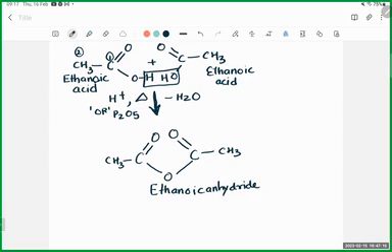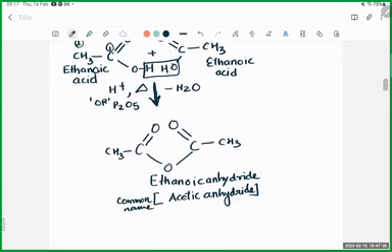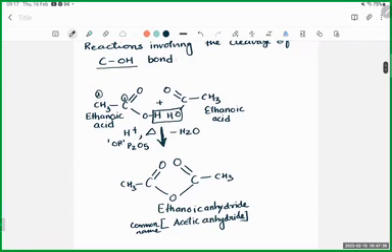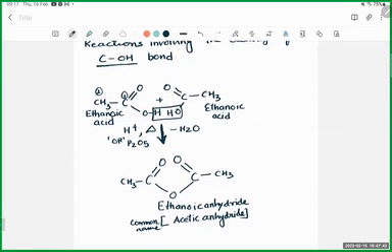What is the common name of this compound? Acetic acid. So we can call it acetic anhydride, but that would be the common name. This is the first reaction we are reading, where cleavage between the carbon-oxygen hydroxyl bond takes place.